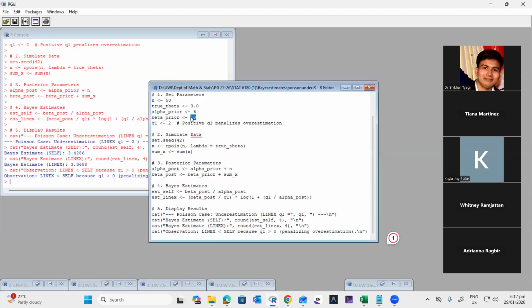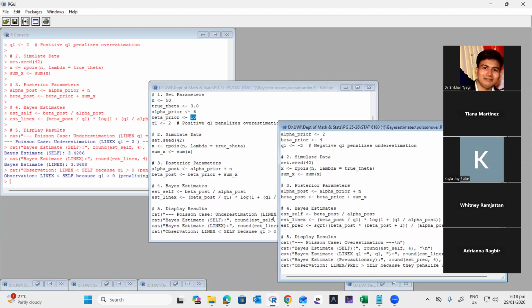All right, so the LINEX is performing better when you consider the situation where X follows the Poisson distribution with a gamma prior. LINEX, where overestimation is more serious, provides better results compared to the situation where underestimation and overestimation are both equally serious. So in the overestimation condition, it will provide you better results.